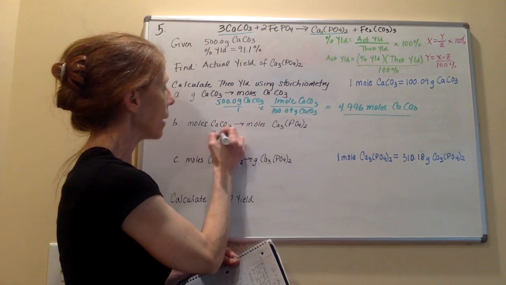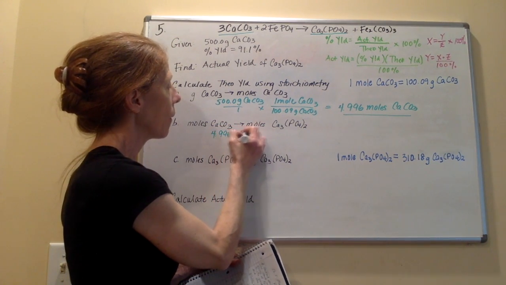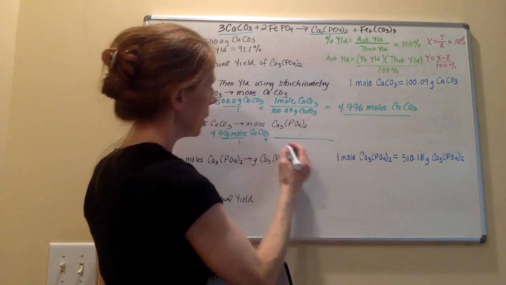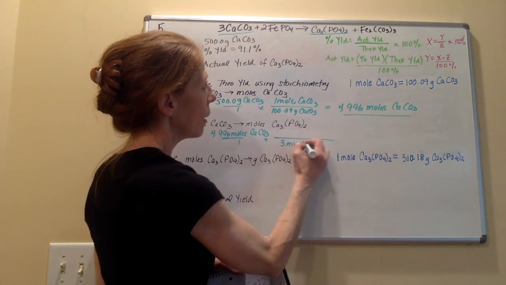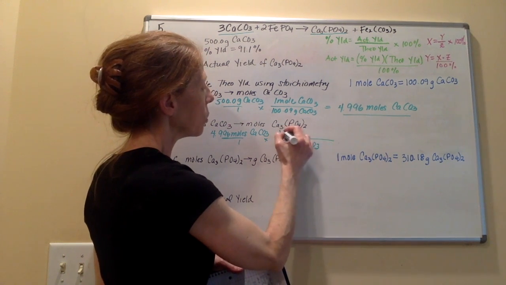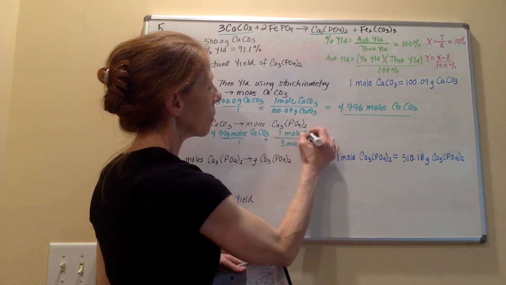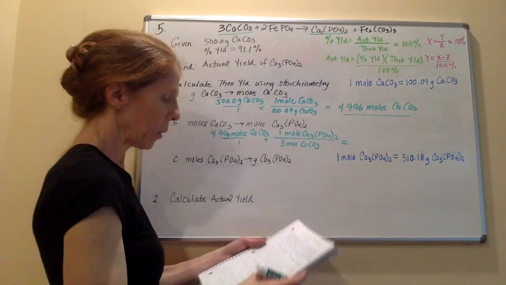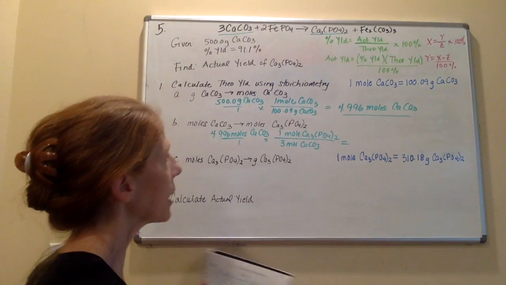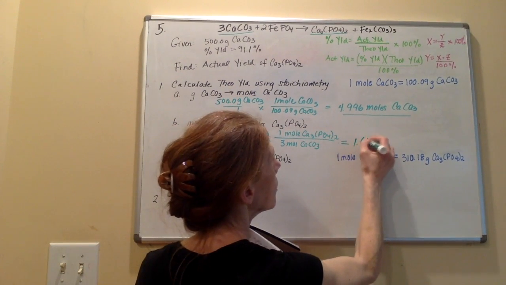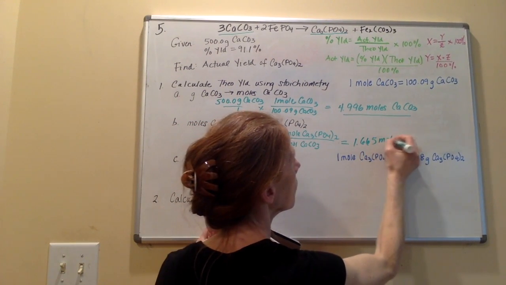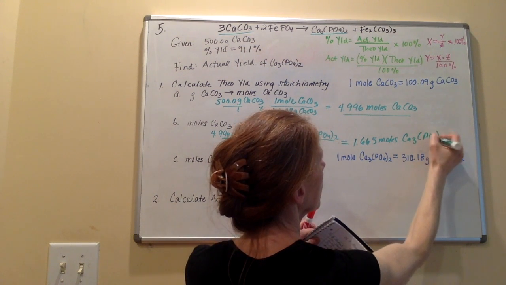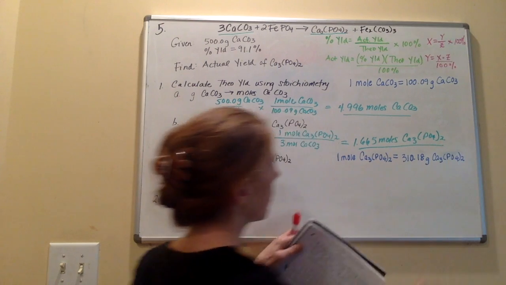I have 4.996 moles of calcium carbonate, and the relationship is that for every 3 moles of calcium carbonate, I only produce 1 mole of calcium phosphate. So when I do that, I'm going to end up with 1.665 moles of calcium phosphate. All right, that's the second step.